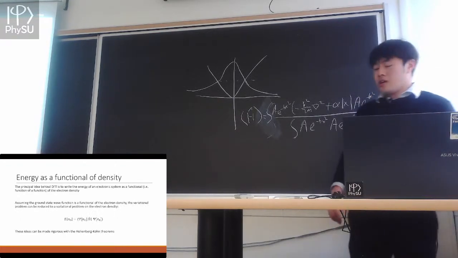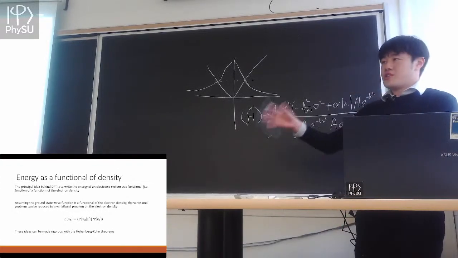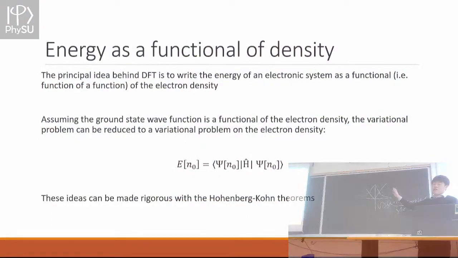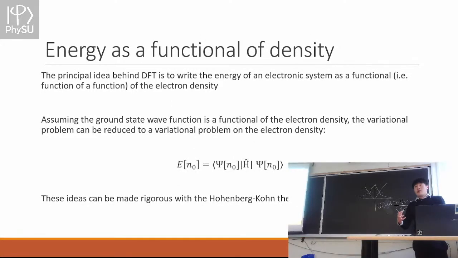In the previous toy example I just covered, using a Gaussian variational wave function for this linear potential, you're varying the wave function and trying to find a wave function that minimizes the energy.